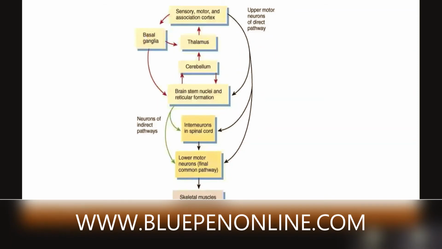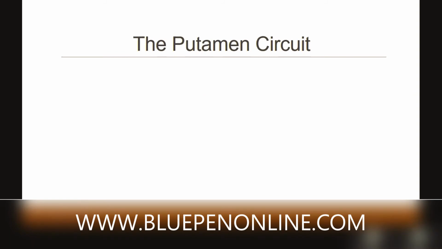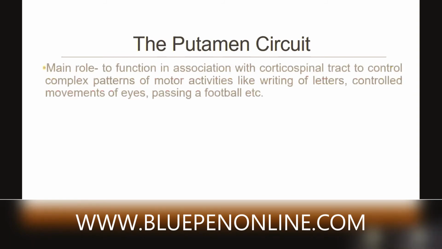That's what we are going to discuss. The putamen circuit's main role is to function in association with the corticospinal tract to control complex patterns of motor activities, like writing letters, controlling movement of the eyes, passing a football, and many aspects of vocalization, like what we speak, singing or whistling, which are modified aspects of vocalization.